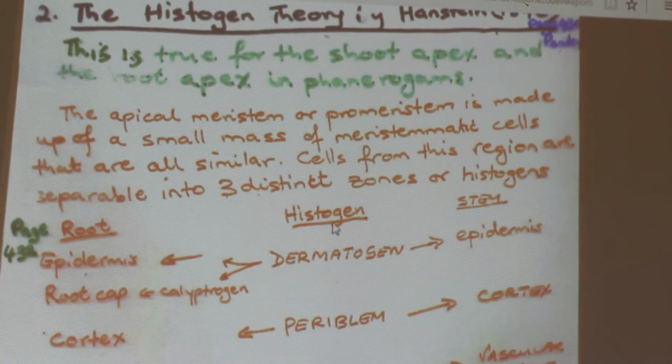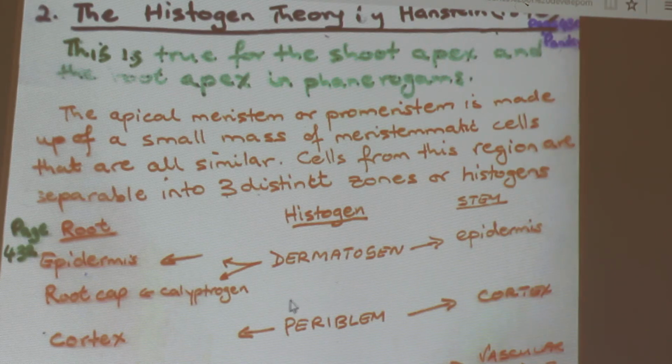Now, in the histogen, we are going to observe a dermatogen, a periblem, and a plerome. The dermatogen in the stem will give us the epidermis, the periblem will give us the cortex, the plerome will give us the vascular system.